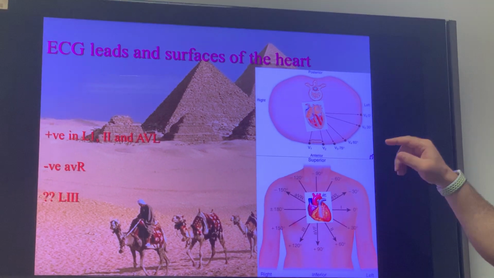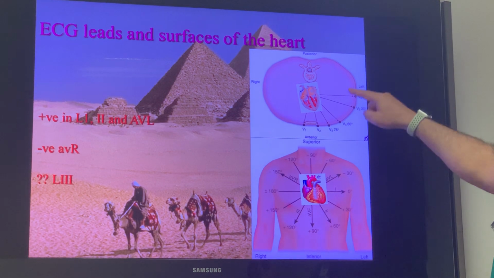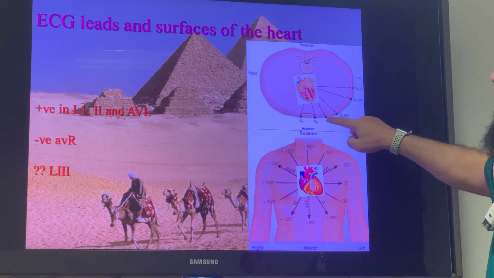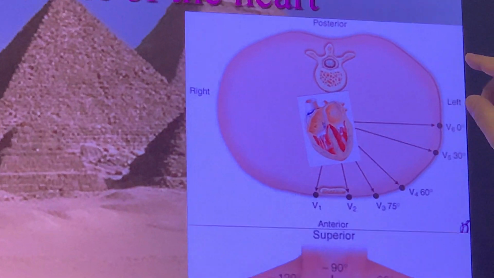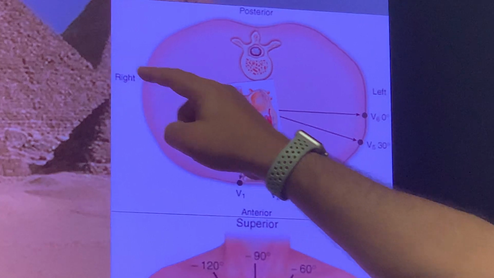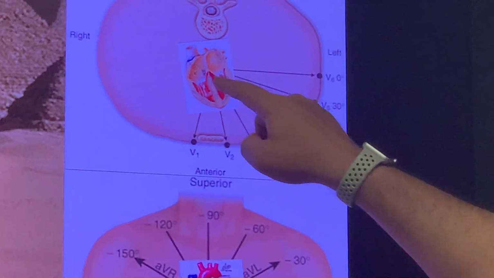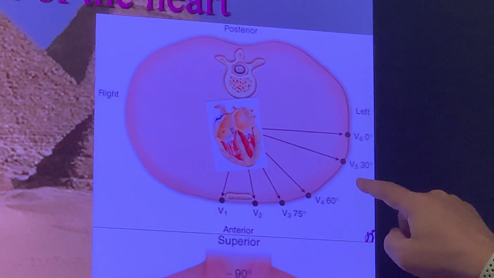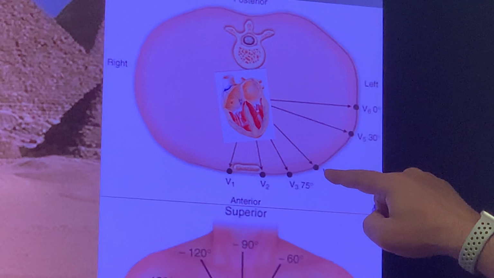So by applying this, I usually will record the left ventricle. So this is the left ventricle. So V4, V3, V5, V6 look at the left ventricle. The wave here goes in their direction, so they usually record a positive T wave, positive complex.